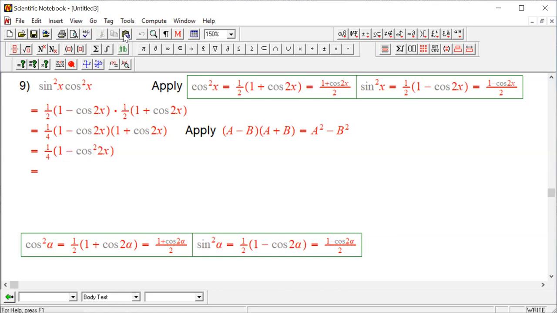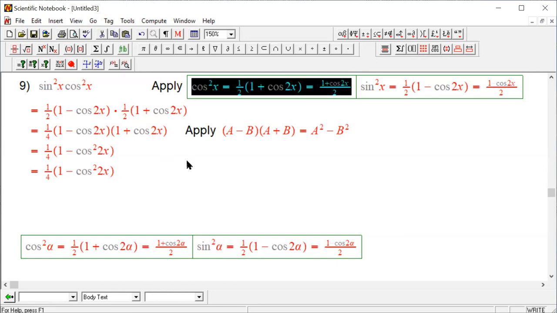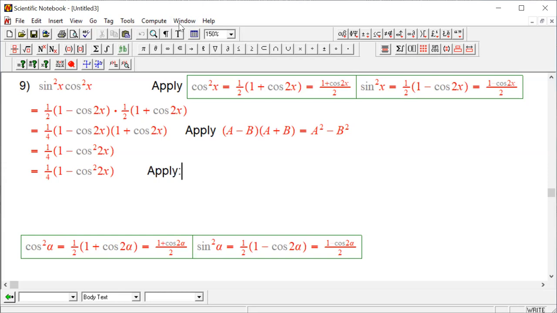We've seen cosine squared 2x before, right? So we can just reduce it. We're going to apply this piece. You can see it's full of substitution. So this is going to be 2x.